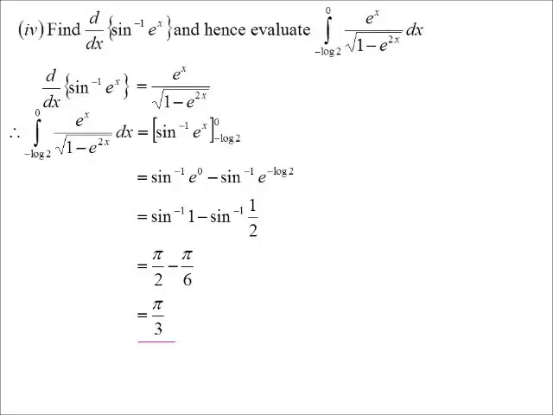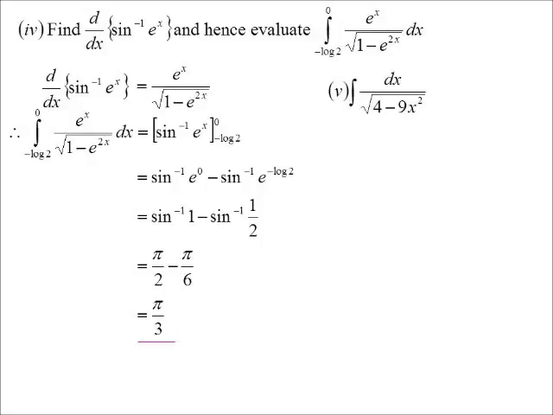In order for the e and the log to cancel, it needs to be e to the log, not e to the minus log. So I need to bring the 1 into the log. So it becomes the log of 2 to the power of minus 1. 2 to the power of minus 1 is, of course, a half. And so e to the log of a half is just a half. Inverse sine of a half, pi on 6. Pi on 2 minus pi on 6, pi on 3.